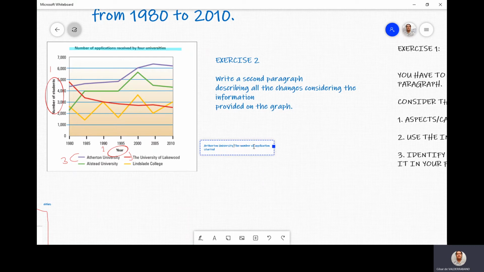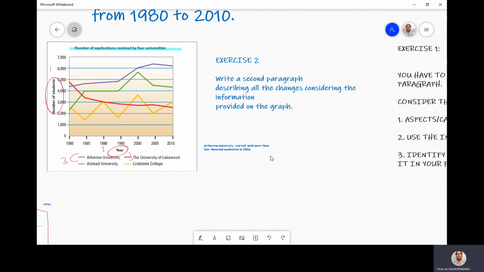Atherton University started with more than 4,000 applications in 1980.